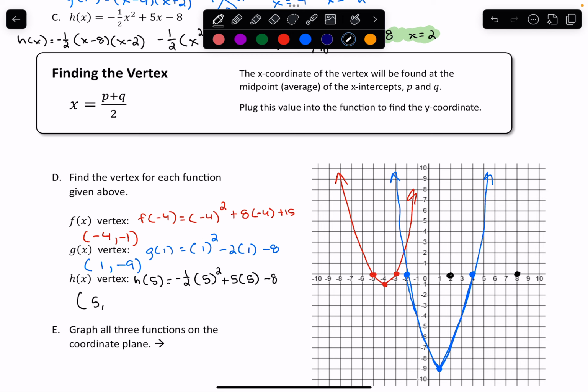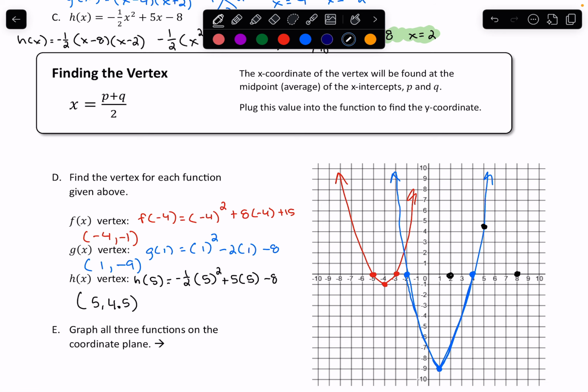I put that in my calculator, and I get, let's see if I remember from the lesson in class, I think it's 4.5 because it's 9/2, which is 4.5. So this function, my vertex is actually above the x-axis. It's over 5, up 4.5, so it's right here.